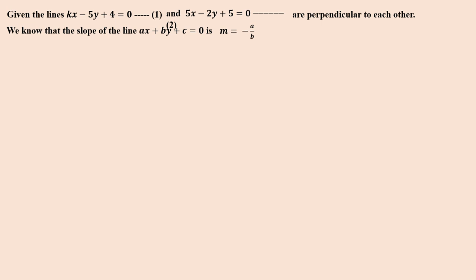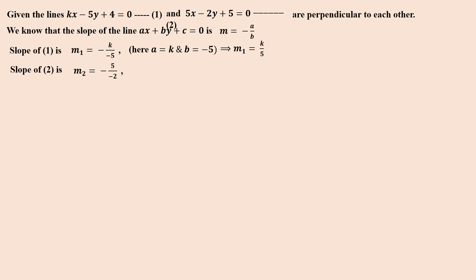We know the slope of the line ax + by + c = 0 is m = -a/b. So the slope of the first is m1 = -k / -5, so minus cancels, m1 = k by 5. The slope of the second equation is m2 = -5 / -2, so m2 = 5 by 2.